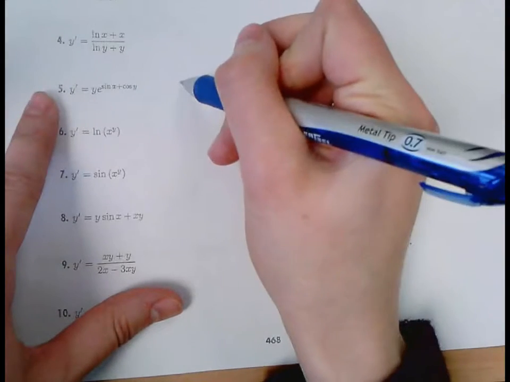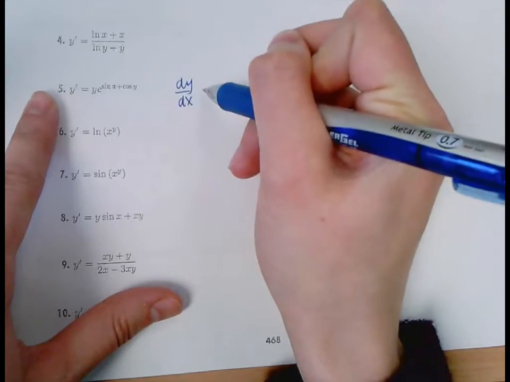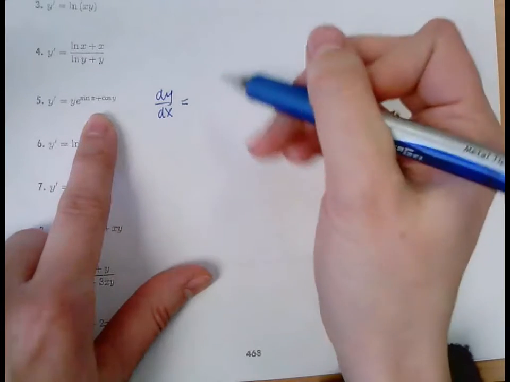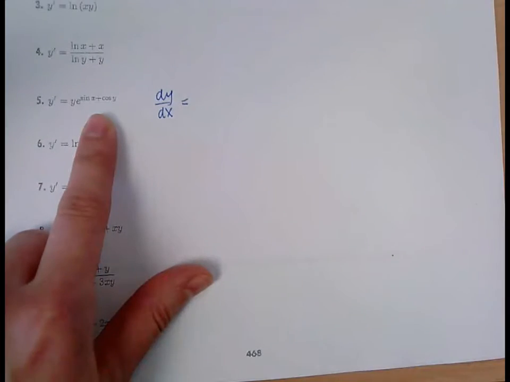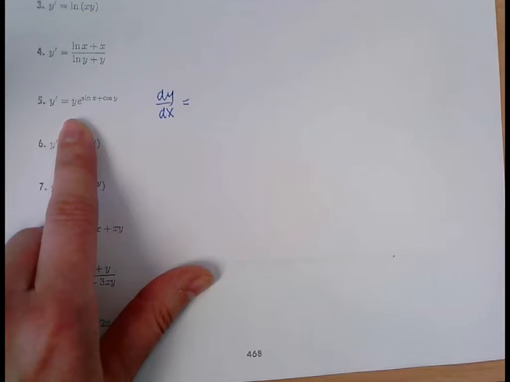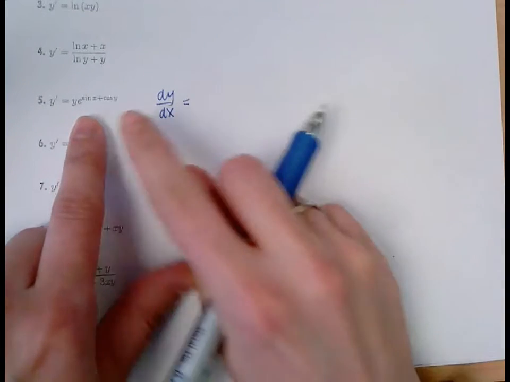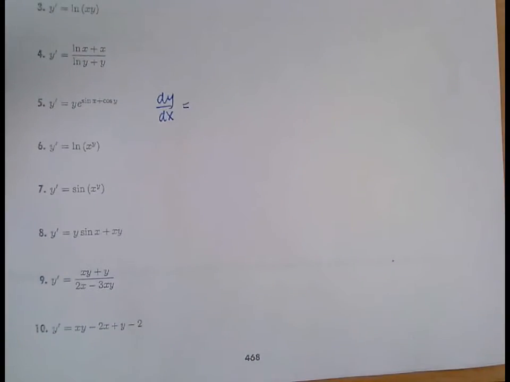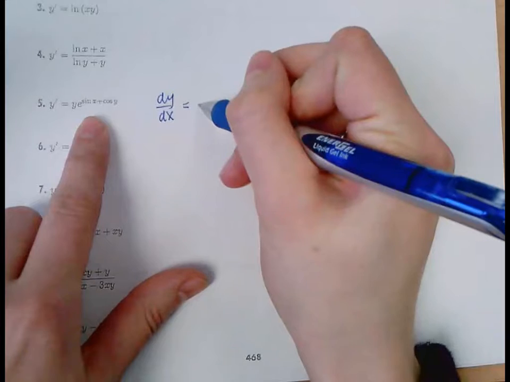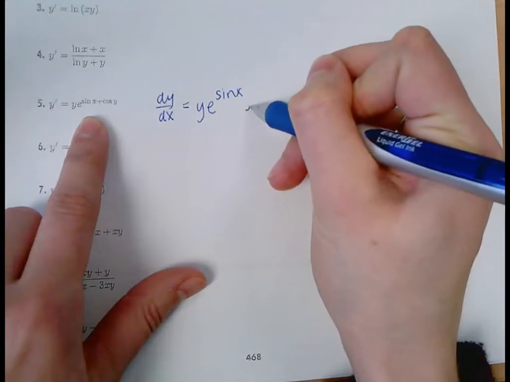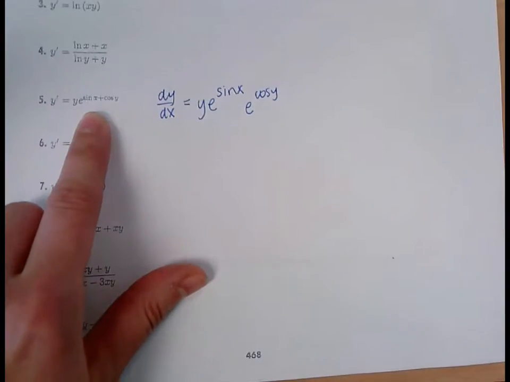Danica? Yes, so when you're multiplying exponents or powers that have the same base, you can add their exponents. So I can rewrite this as y times e to the sine of x times e to the cosine of y.